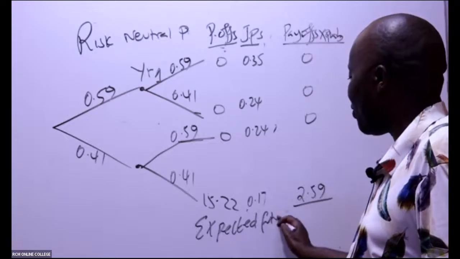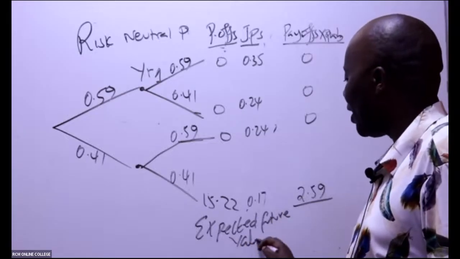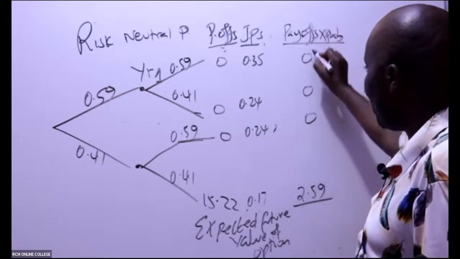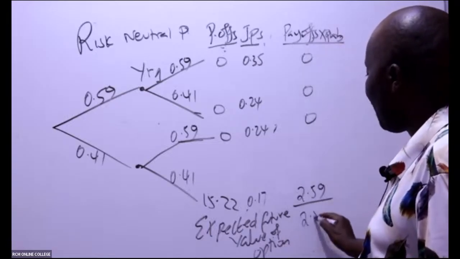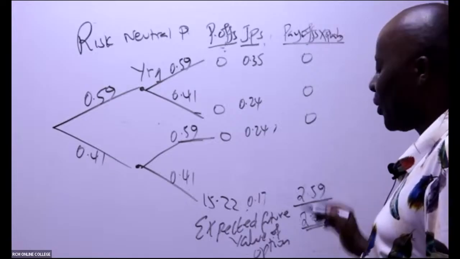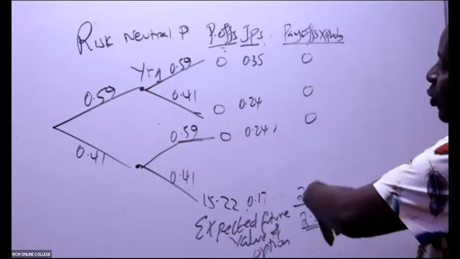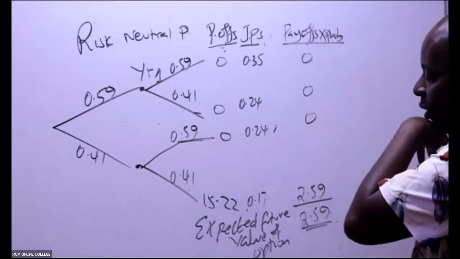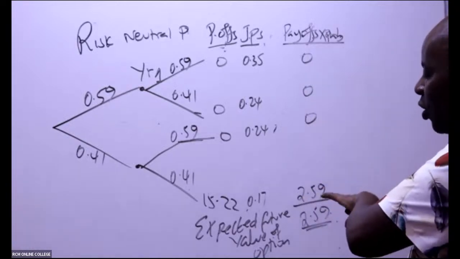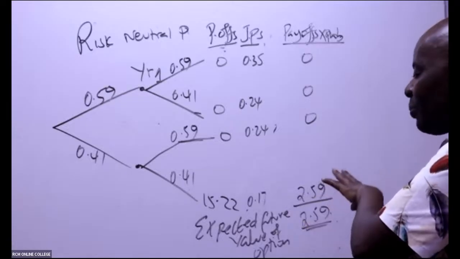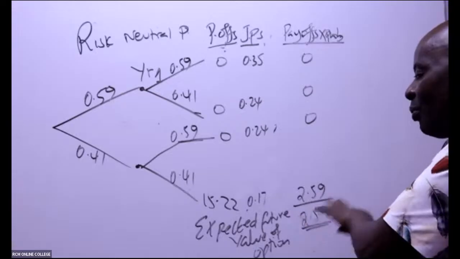So what is the expected future value of the option? You add everything: 2.59. We are lucky here because most of the others were zeros. So the expected future value of the option is 2.59. But you want present value using the binomial tree.